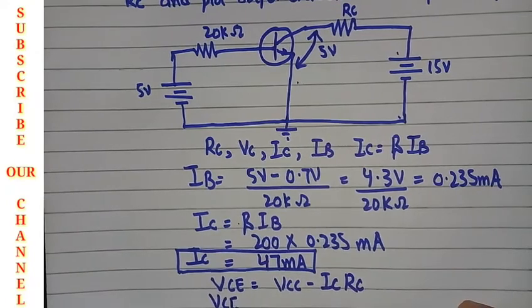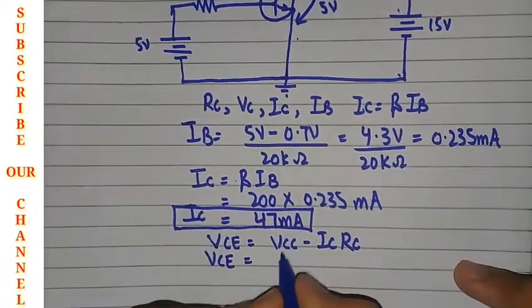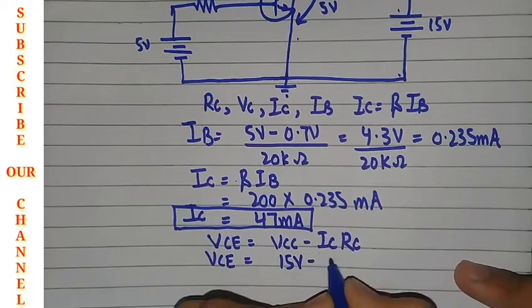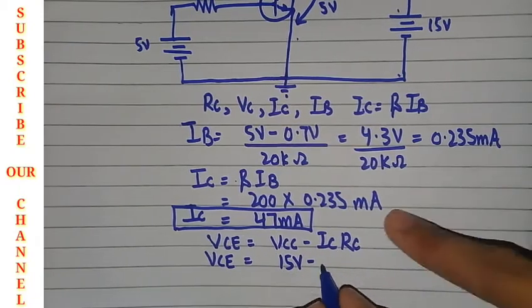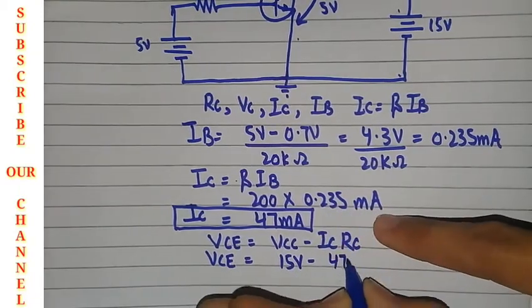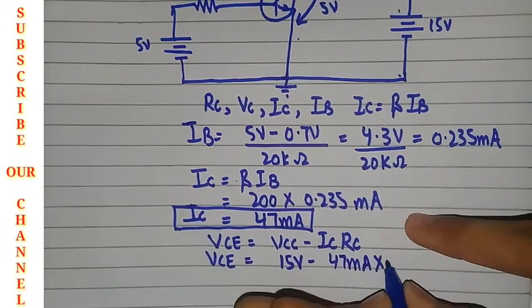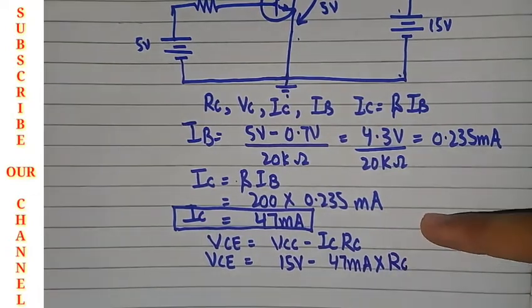So VCE will be equal to VCC, which is 15 volts, minus IC, which we found to be 47 milliamps, multiplied by RC.